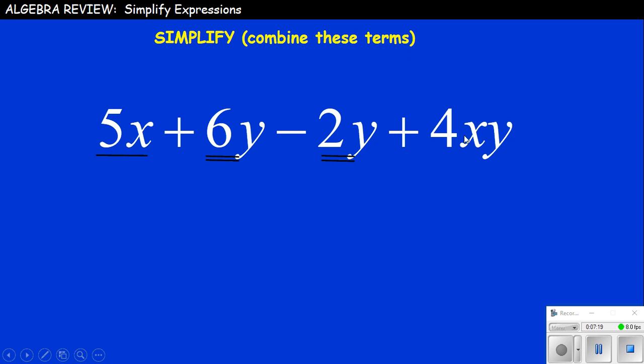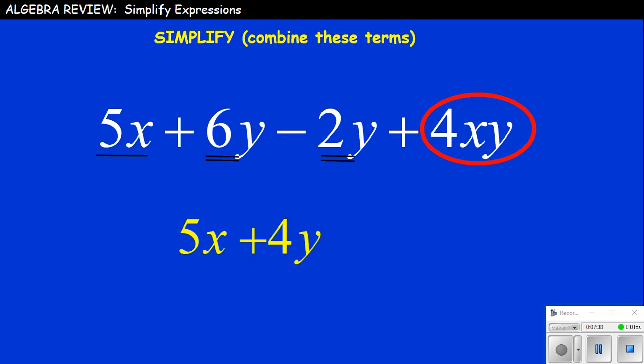If it's an xy, 2 different variables, that's not the same as x, it's not the same as y. These are cow pigs. You can't add them with the cows or pigs, or some weird mutant offshoot. So this one, since the variables are different, does not count with the other variables. So in this case, we're going to have 5x plus 4y plus 4xy. There's no other animal that has this combination.